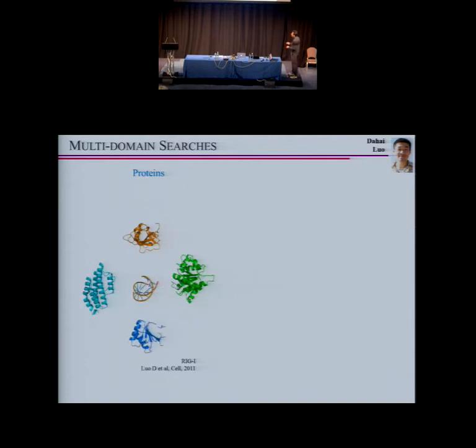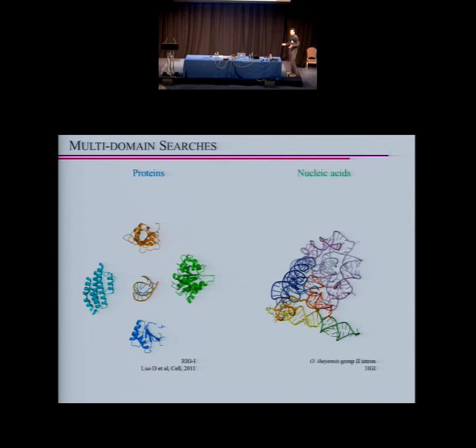To solve the structure, he used the substructures of different domains of the protein as molecular replacement searches, and his work led me to question whether the same would be possible also on group 2 introns that, as I mentioned to you earlier, are indeed composed of 10 different smaller subdomains.